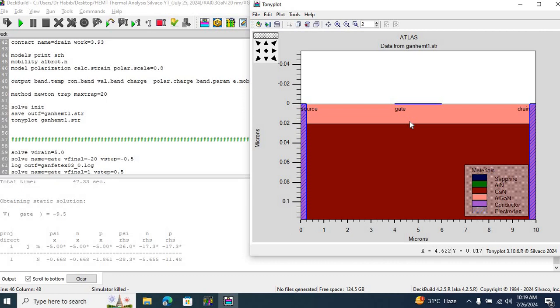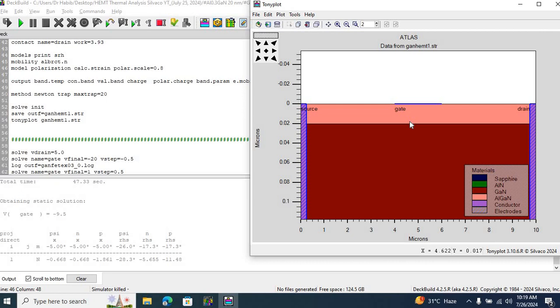The effect of this is the creation of a very thin layer of highly mobile conducting electrons with very high concentration, giving the channel very low resistivity. Or in other words, you can say high electron mobility, and that's why you call it a high electron mobility transistor.